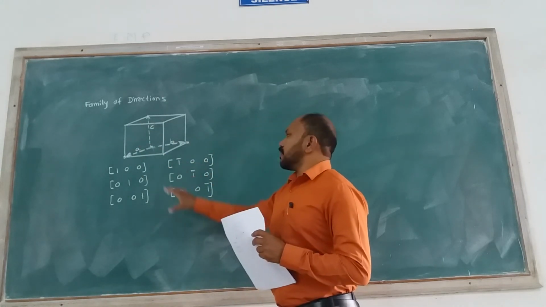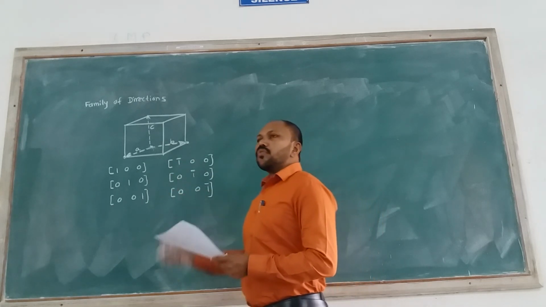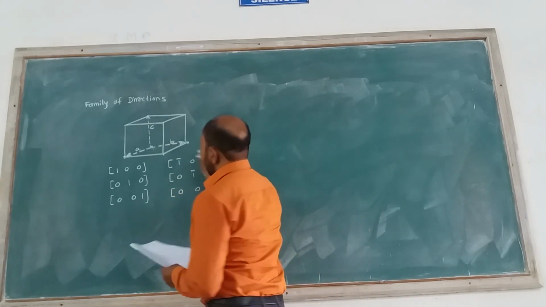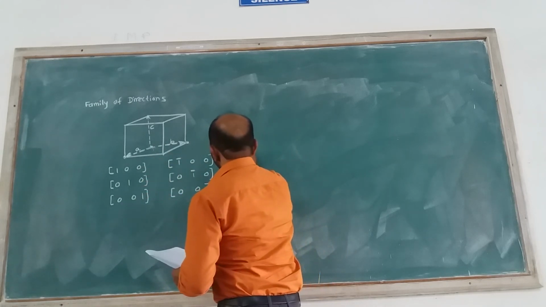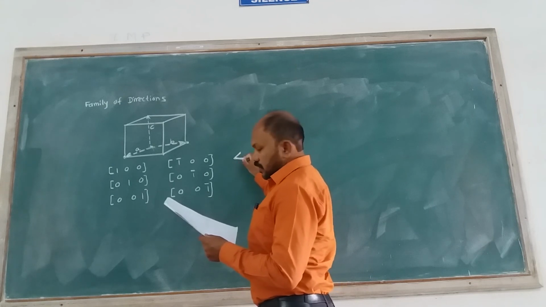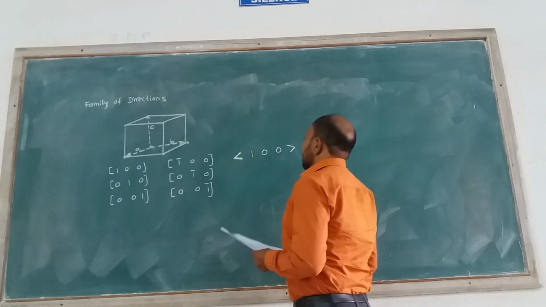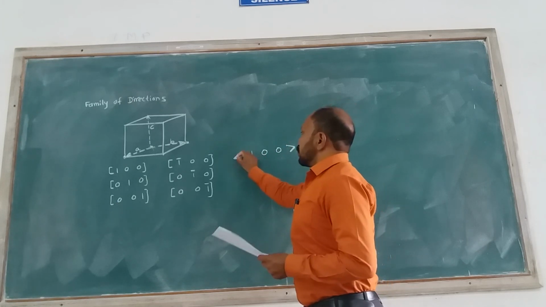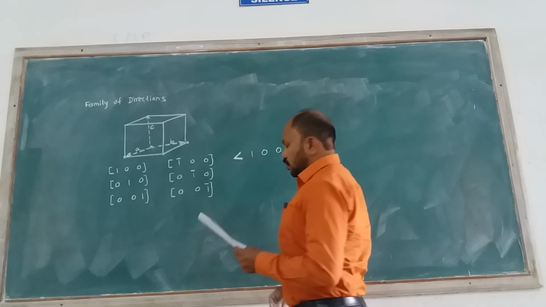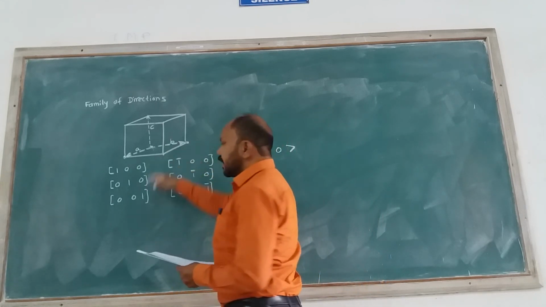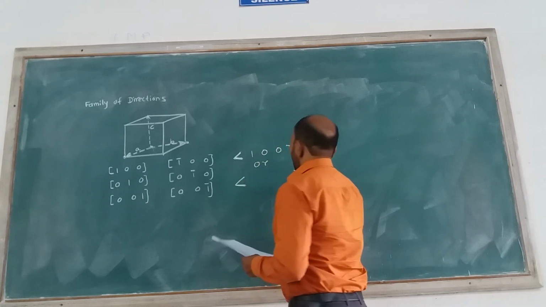So in place of writing all these 6 values again and again, you only write down one of the values out of these 6 in this format. You use this symbol, and then for example 1 0 0, you complete this with this symbol. So in this type of symbols, you show this 1 0 0, or you may take another value, but the rule is that you use this type of symbol.